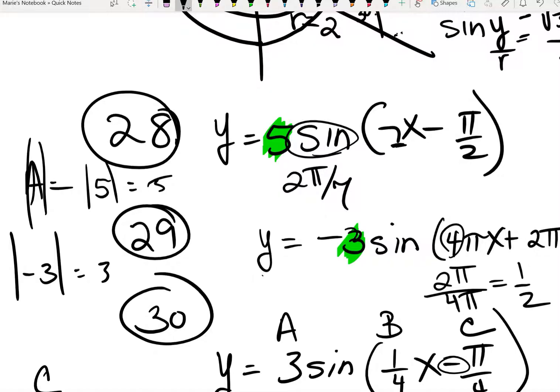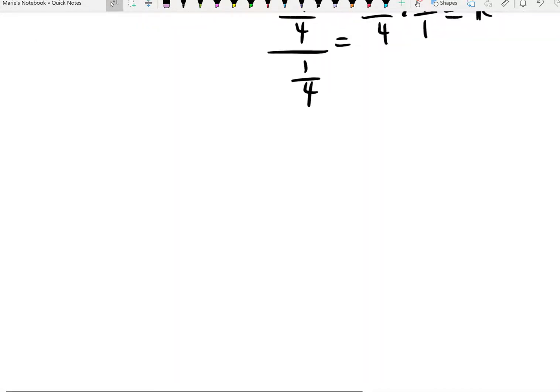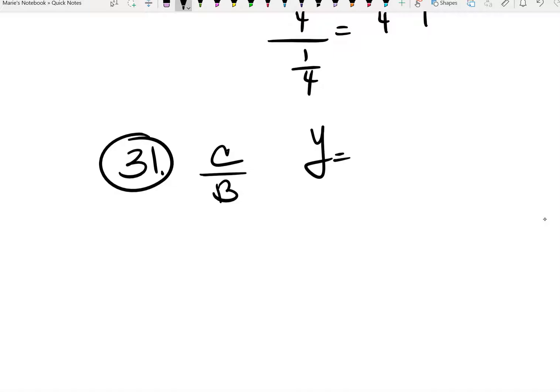I'll do 31 in here, and then I will move on to a new video, just to be able to get this to record properly. So for this one, same thing. Remember, it's C over B. You have y equals 1/2 sine of pi x plus 5.